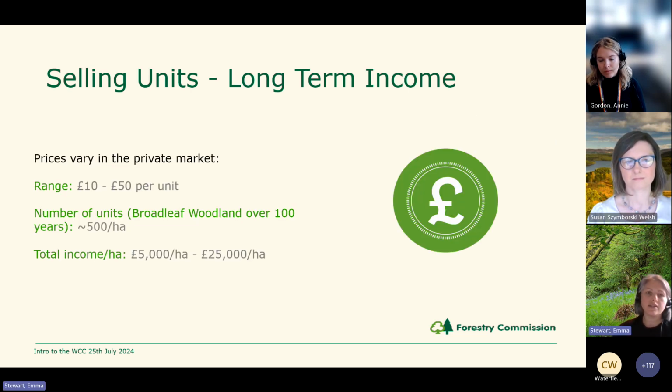So this slide here is really just to illustrate the kind of income you might expect from selling your units. There's not really like a going rate for units because their value is dependent on quite a significant number of different factors. So for example, the vintage of the PIU, so we discussed the vintage in a previous slide.